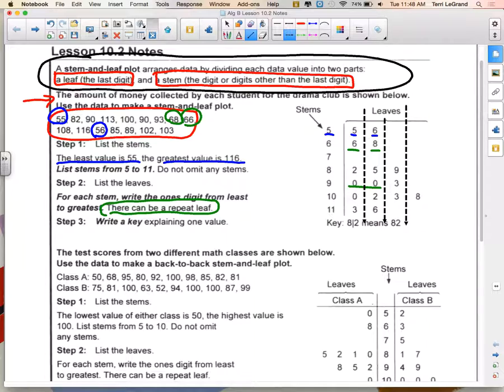And then last but not least, we have to write a key explaining the values. In other words, when somebody looks at this, the first time you look at a stem and leaf plot, would you know how to read that? No. Me neither. I gotta understand what it's trying to tell me. So you pick anything from the table. You can pick anywhere you want out of that table. They picked that one.